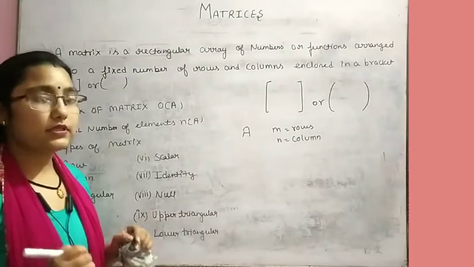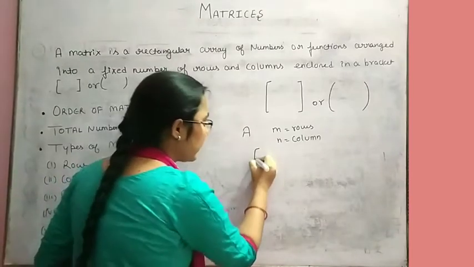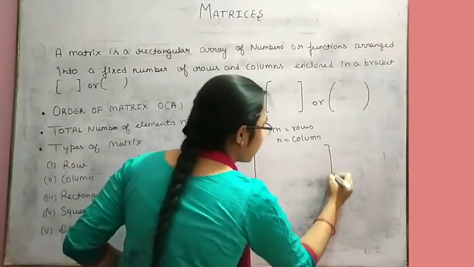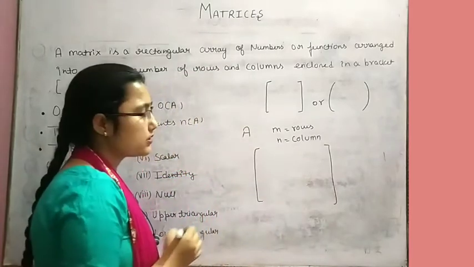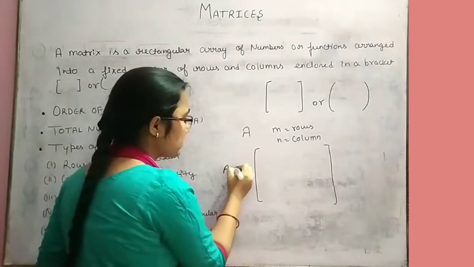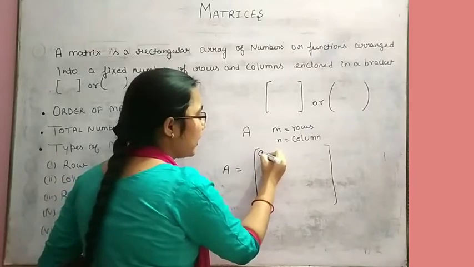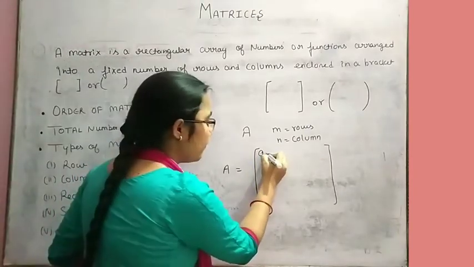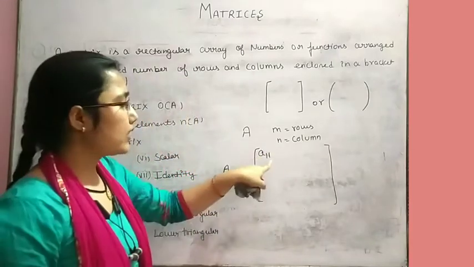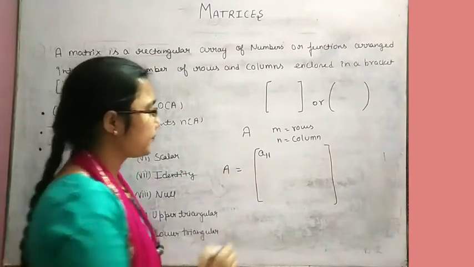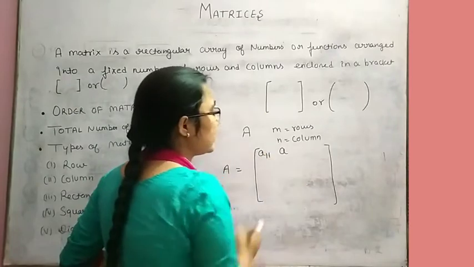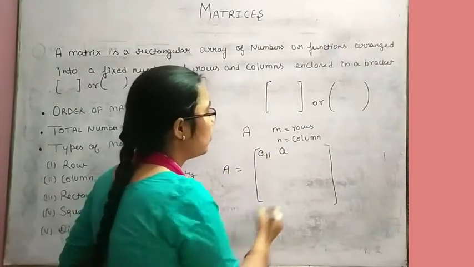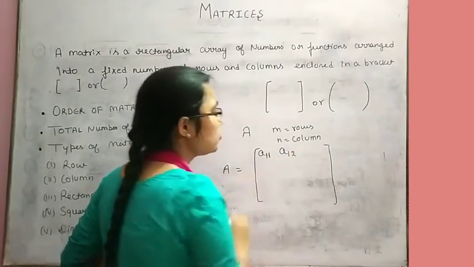So the matrix is written in a rectangular format and the first element of this matrix is denoted by A11 where 1 represents row and the second one represents column. Similarly, the second element of the first row is A12.